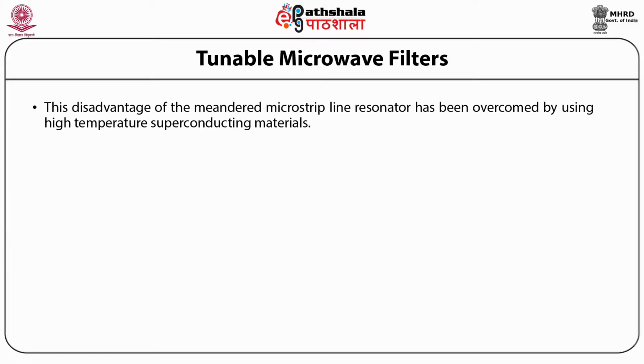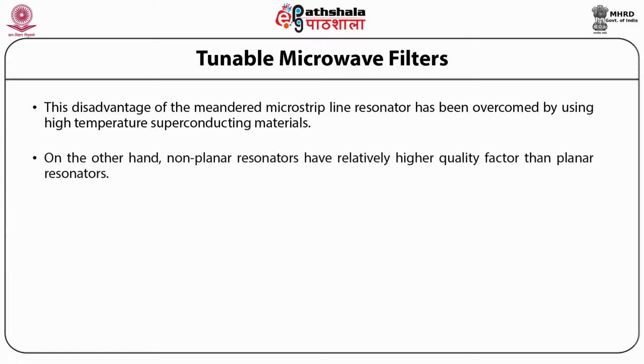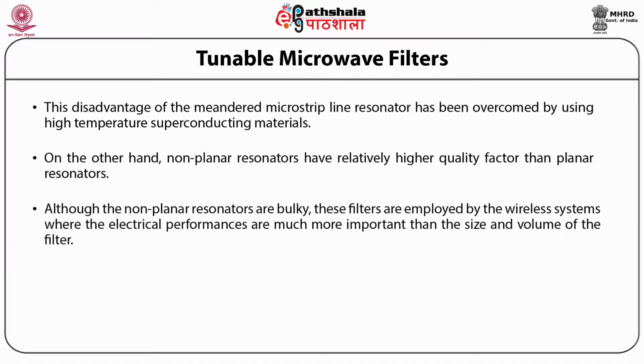On the other hand, the non-planar resonators have relatively higher quality factor than the planar resonators. Although the non-planar resonators are bulky, they are employed in wireless systems where the electrical performance is much more important than the size and volume.